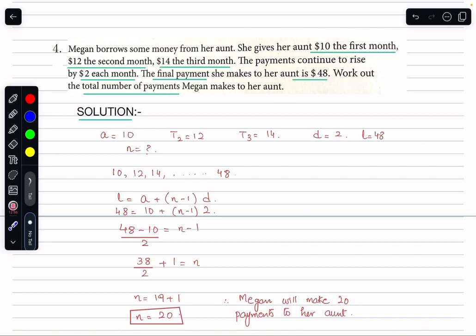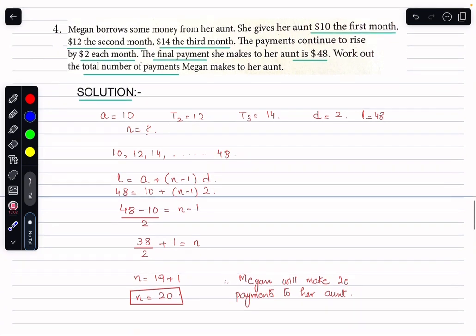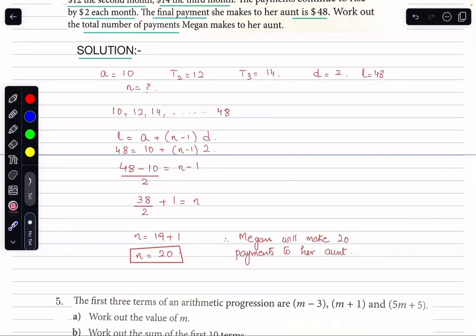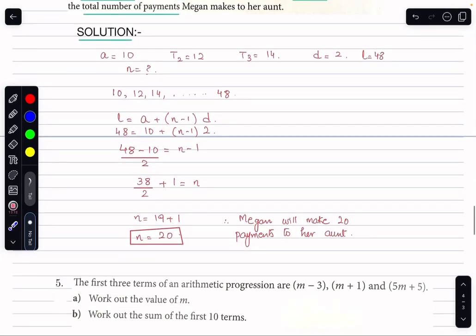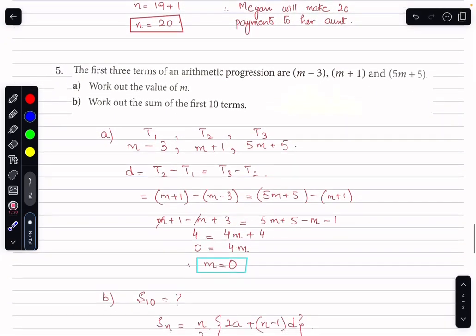That equals n minus 1. Negative 1 can be taken to the left so that it becomes positive. So my answer here comes out to be n, which equals 19 plus 1, which equals 20. So we can say here that Megan makes 20 payments to her aunt for the loan that she has taken from her. Let's move to the next question.